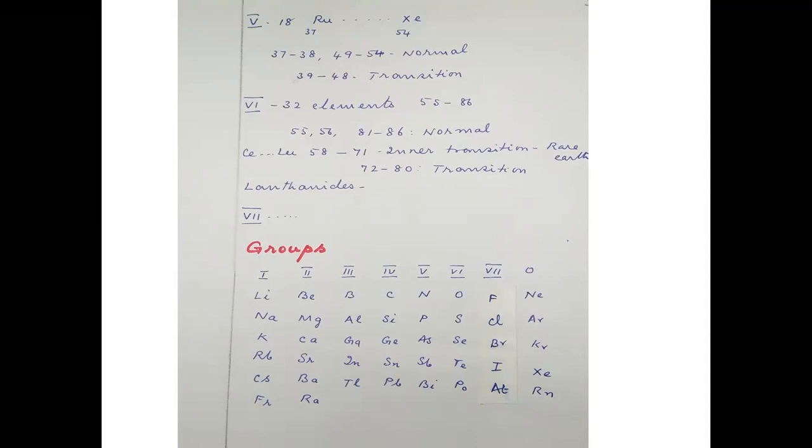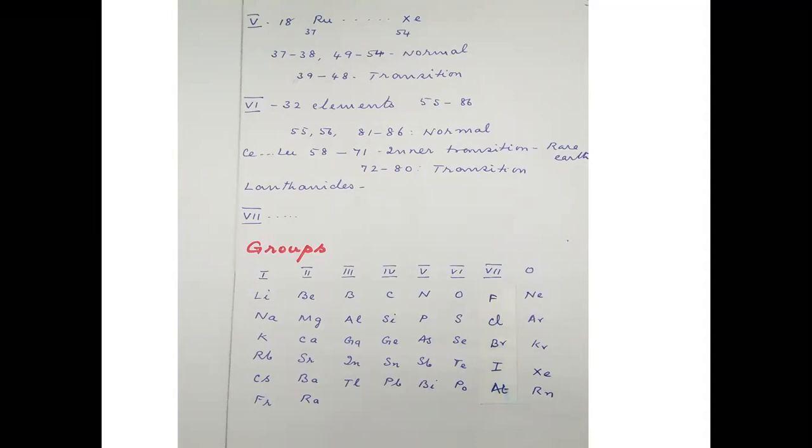Therefore, first in between S block and the P block, the transition elements are found. Now, in between the S and the transition, the inner transition elements are found. There are 14 elements starting from cerium to lutetium. They are also called rare earth elements because they are very rarely found in the earth crust.